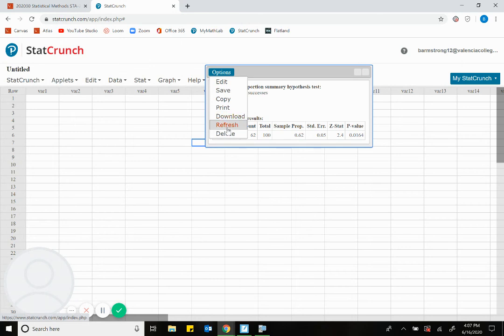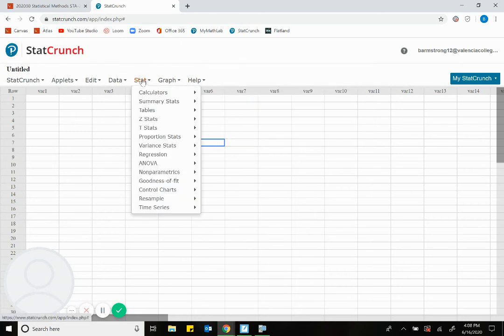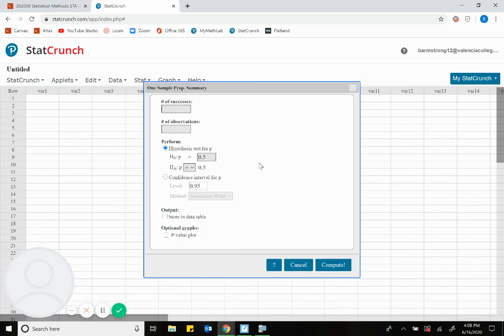So again, just going back through that, since you saw a lot: you go to Stat, go to Proportion, one sample with summary. You've done that before. Like I said, we did it in chapter 7 when we were doing confidence intervals. But instead of selecting confidence interval, you're just going to keep it at the p-hat. Make sure you put in your H naught and your HA. Make sure you select the right symbol and then hit compute.